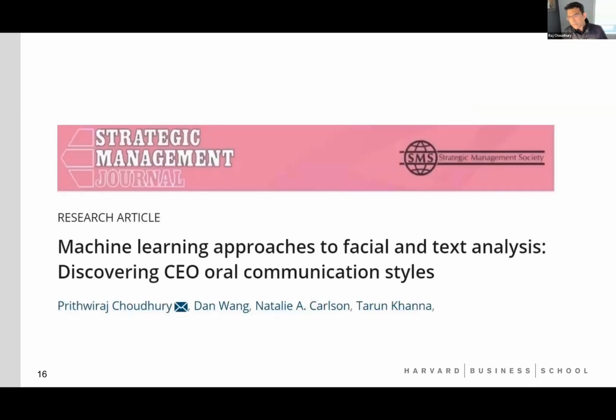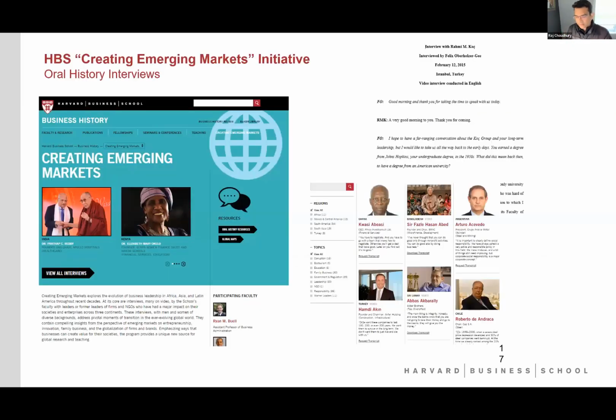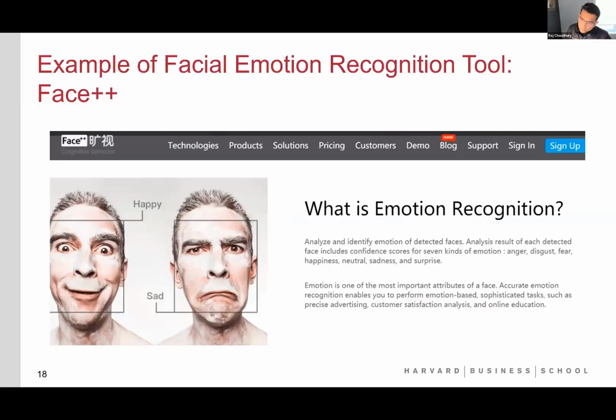I have a different SMJ methods paper, a second paper, where we show the use of supervised machine learning algorithms in the case of facial emotion recognition. So what we did is we took advantage of a very large data set of CEOs who were interviewed by researchers, and then we used the supervised machine learning algorithm, which predicts the facial emotion on every frame of every video.